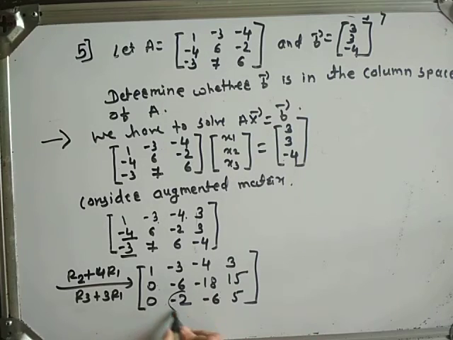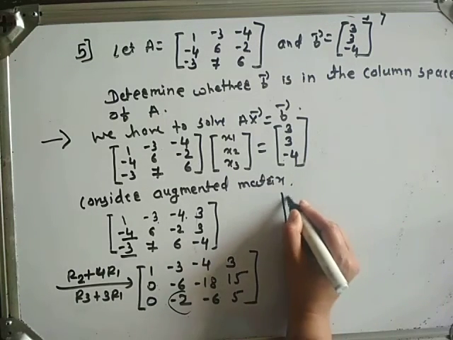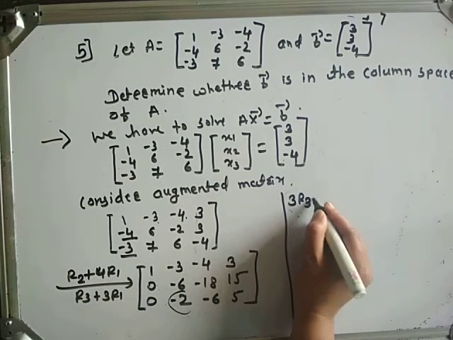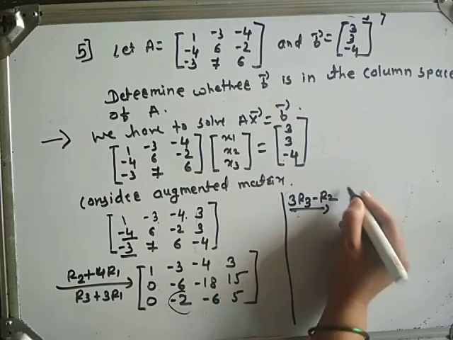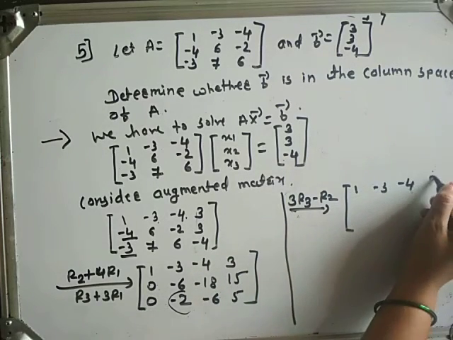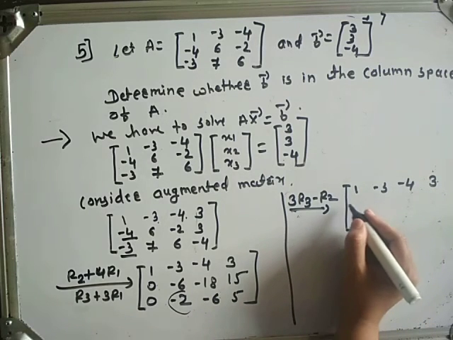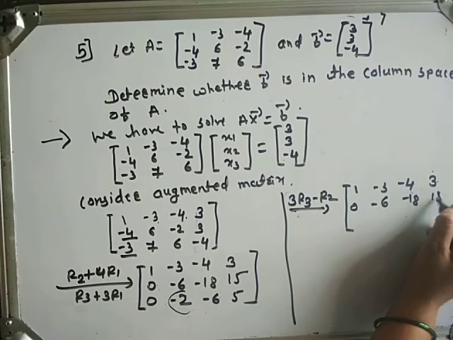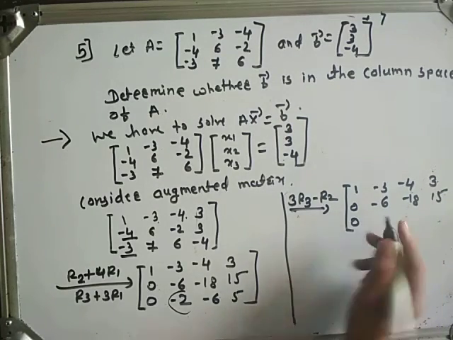Here we require 0, so perform a row operation 3 into R3 minus R2. So matrix becomes 1, minus 3, minus 4, 3 as it is; 0, minus 6, minus 18, 15; 0.